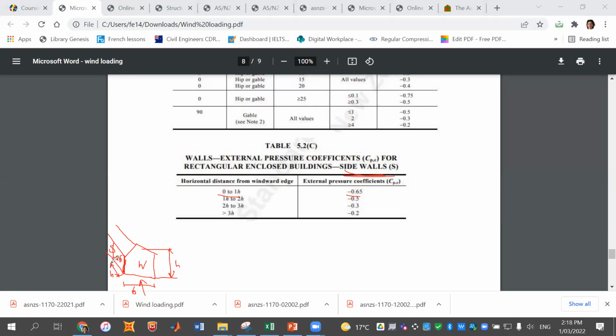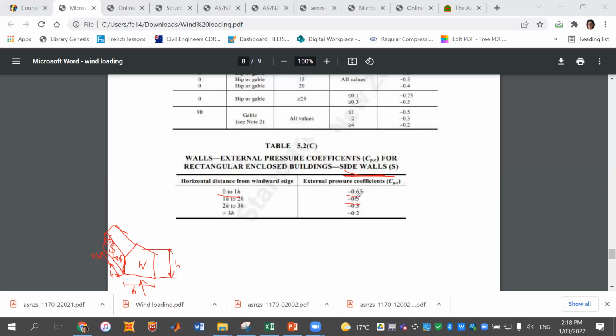And from H to 2H, again it is side wall, but here from H to 2H, here is 2H, this part of your wall, the coefficient will be minus 0.5.